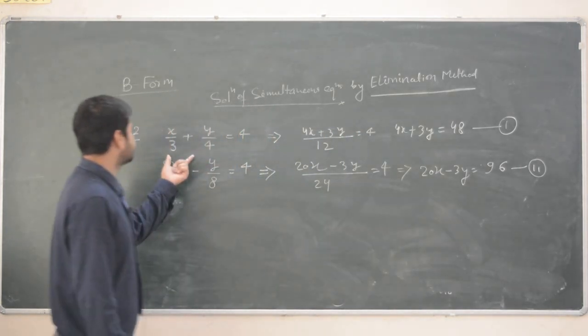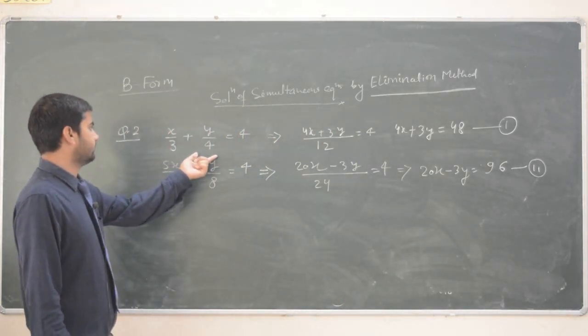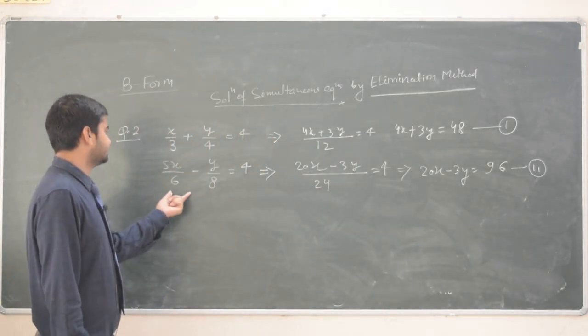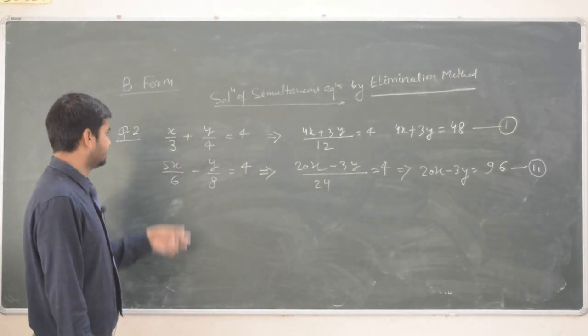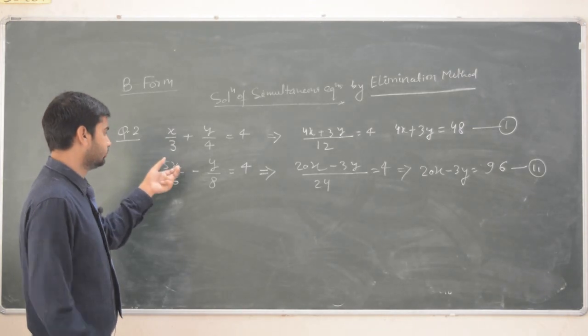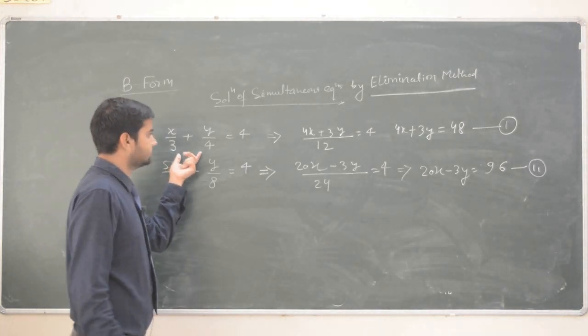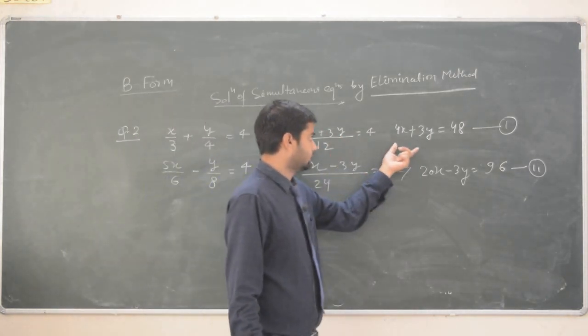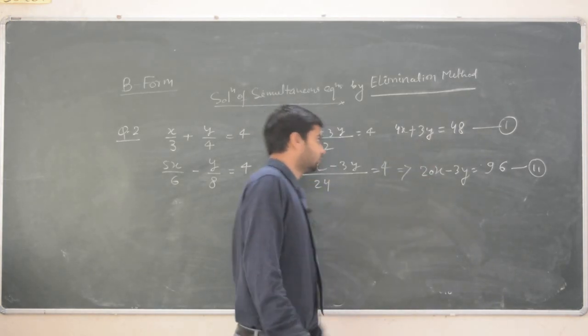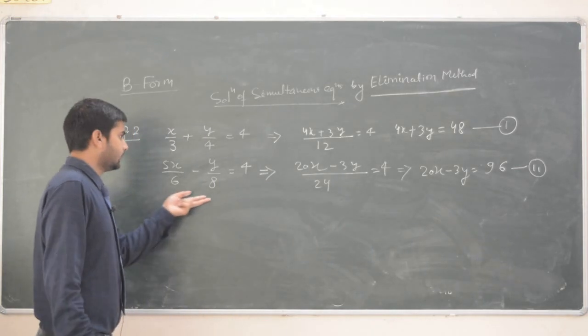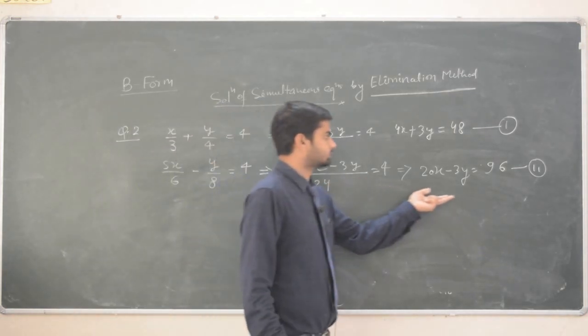Now our initial equations were x by 3 plus y by 4 equal to 4 and 5x by 6 minus y by 8 equal to 4. These expressions were not looking good, so we solved them and made them integers and got equation 1 as 4x plus 3y equal to 48 and equation 2 as 20x minus 3y equal to 96.